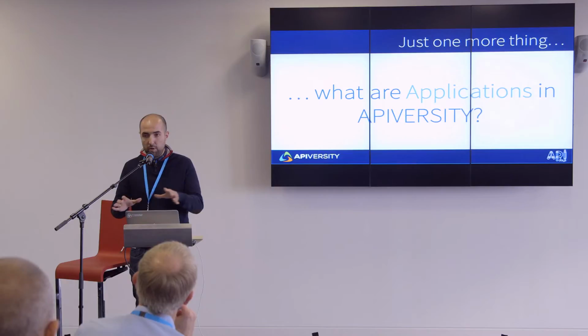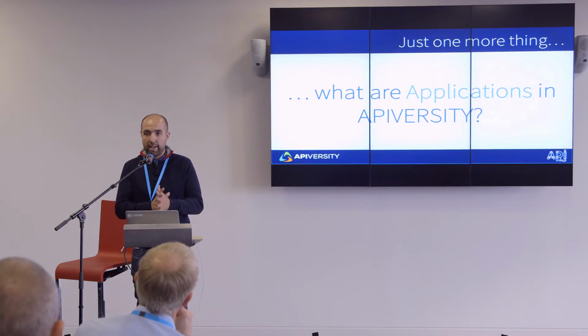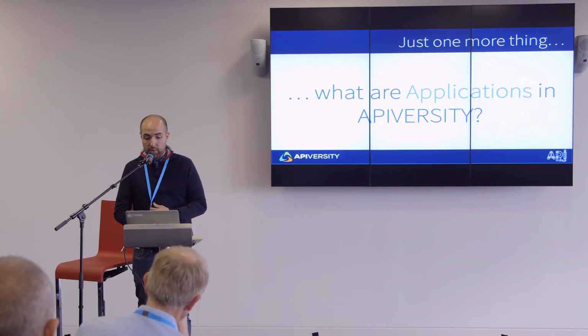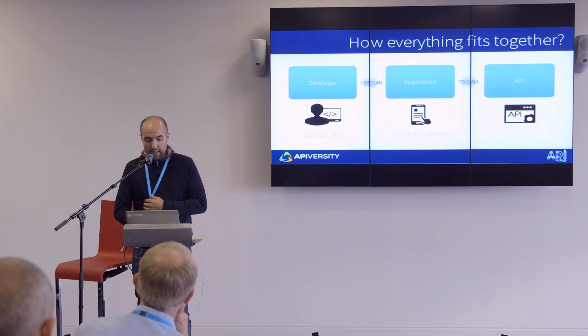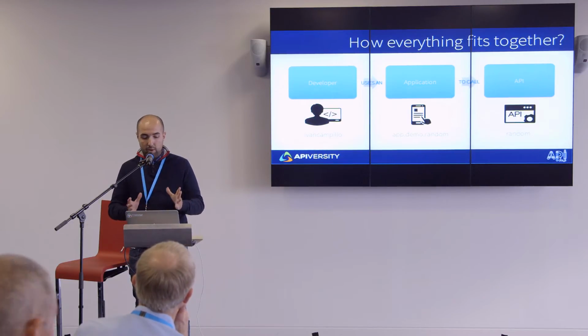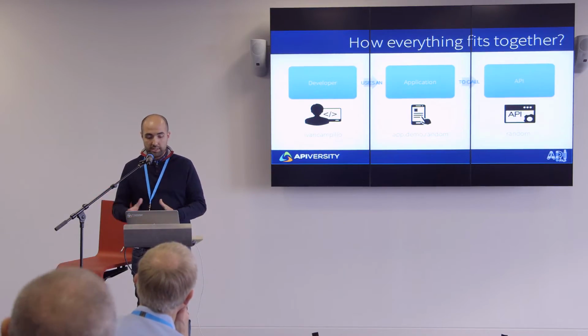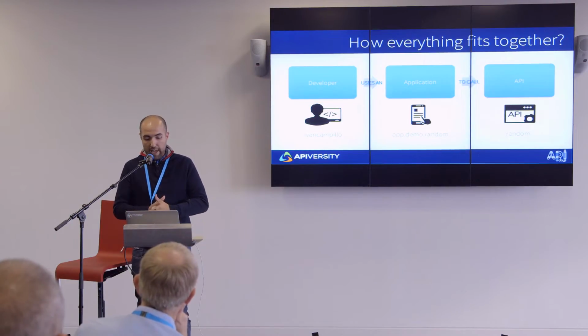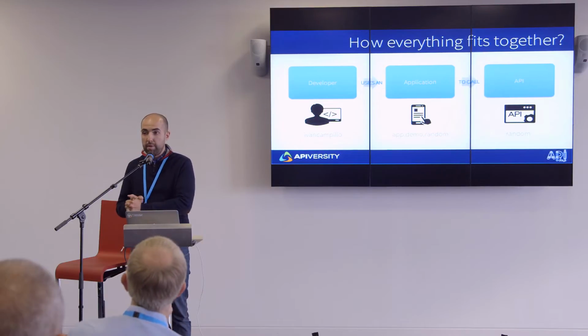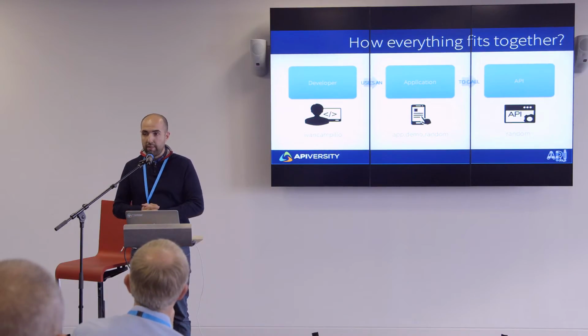First, before moving forward, I'm going to talk about what an application is, which is the next concept that we have in APIVersity. And that slide shows it very well. That's exactly how it works. We have a developer that uses an application, let's say Ivan Campillo, which is me as a developer. I have an application called APP Demo Random, and I'm using the API Random.